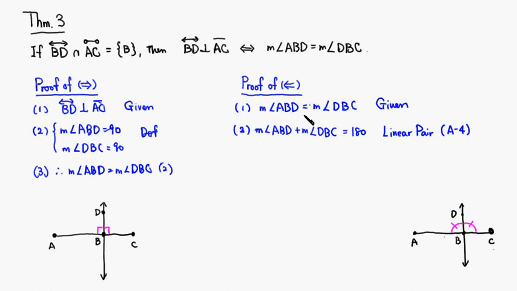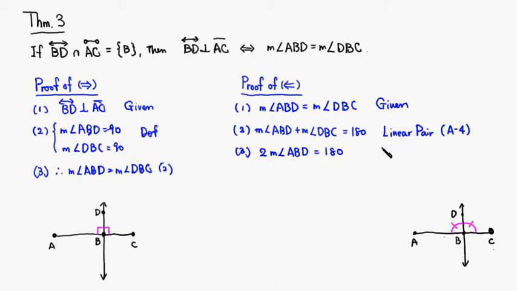Then by combining line 1 and line 2, we know that 3. Alright, so we can just replace DBC by angle ABD. So you have 2 times the measure of the angle ABD, which is equal to 180.